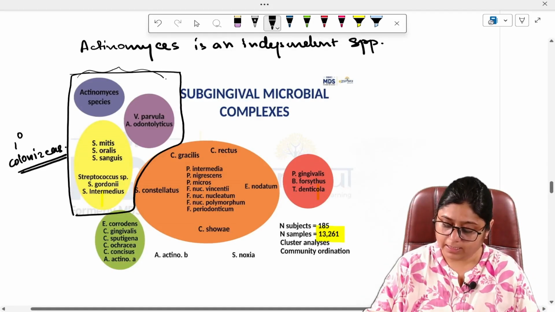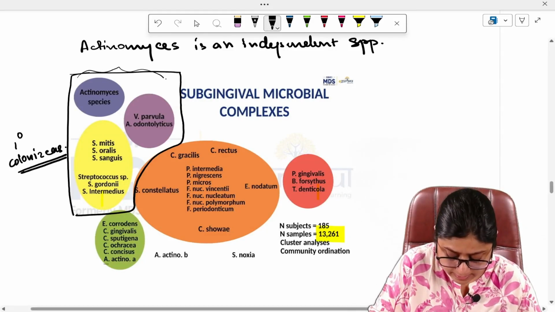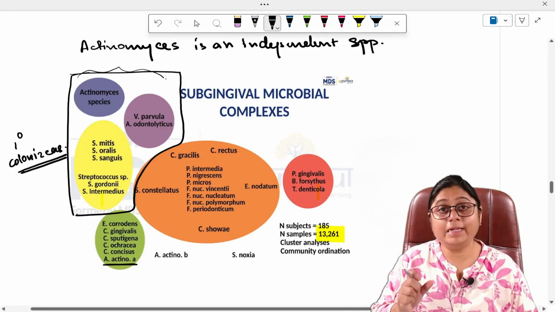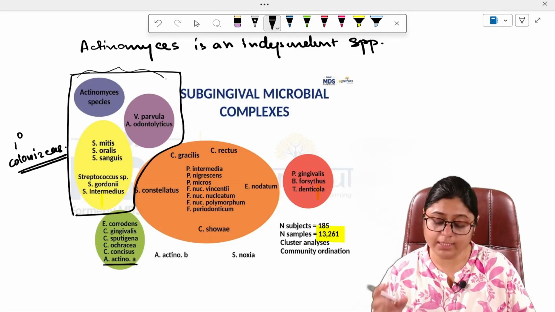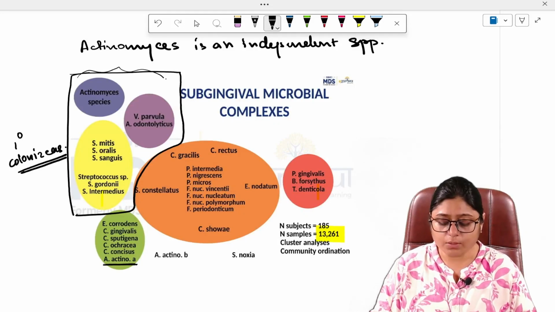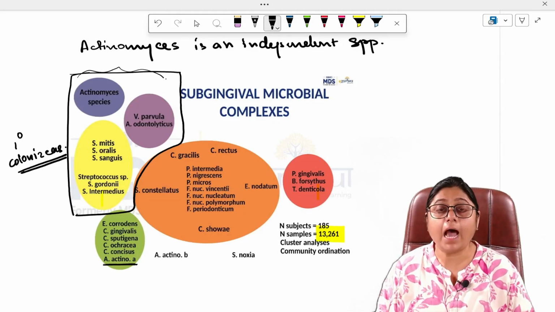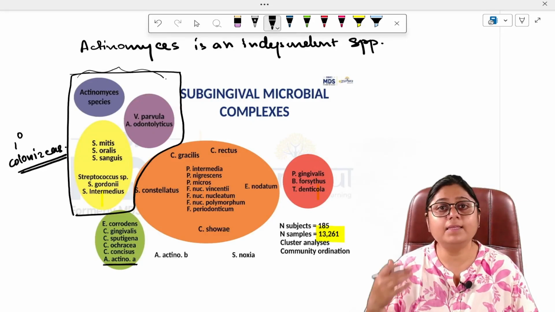But Actinomyces A was frequently obtained along with green complex bacteria. So he clubbed the Actinomyces A species into green complex bacteria. Otherwise, other Actinomyces species are independent species. Okay, Actinomyces A is the strain.